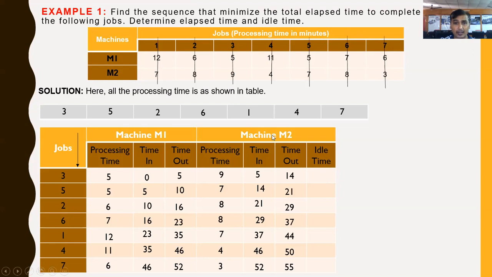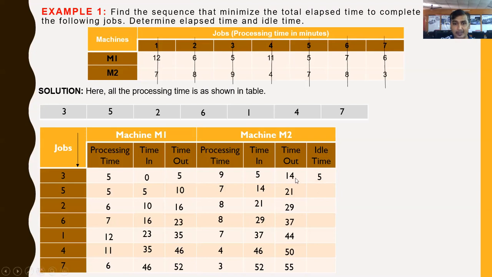Initially, machine M2 is idle for job number 3 for 5 minutes. How? M1 completes in 5 minutes, and till then machine 2 is waiting for job number 3 to complete on machine M1. So this 5 minutes is idle time.